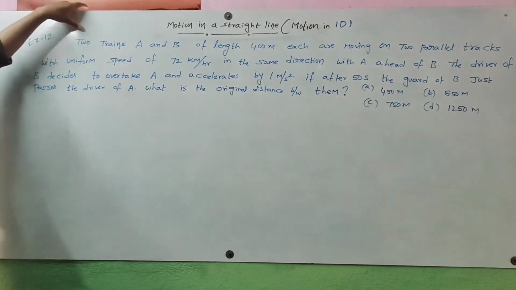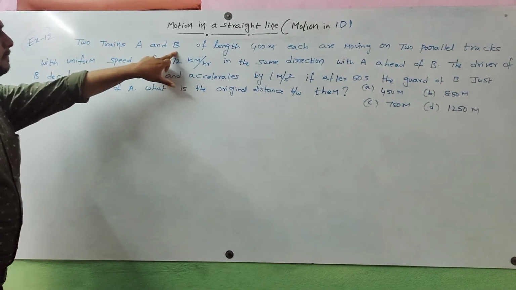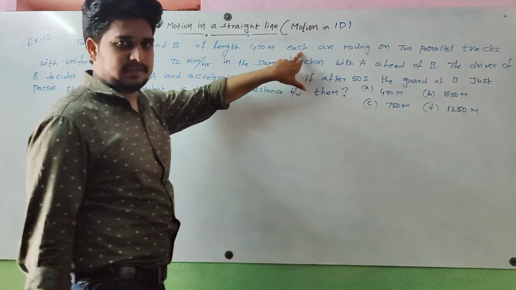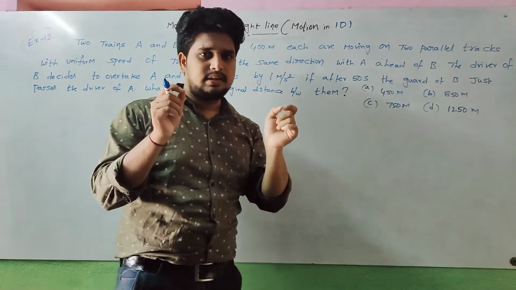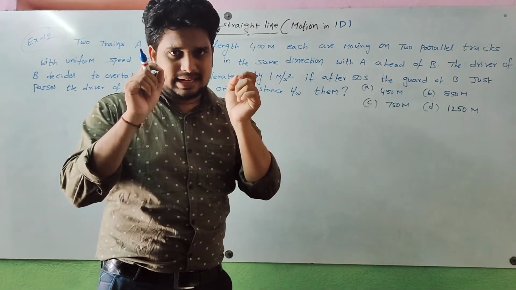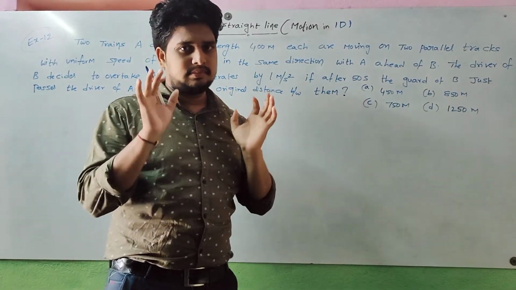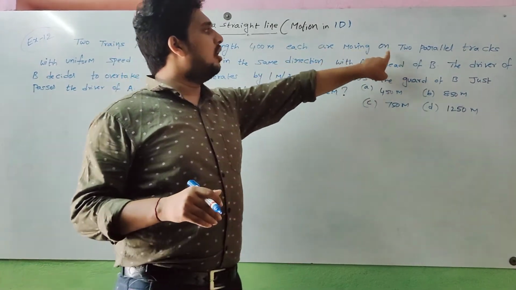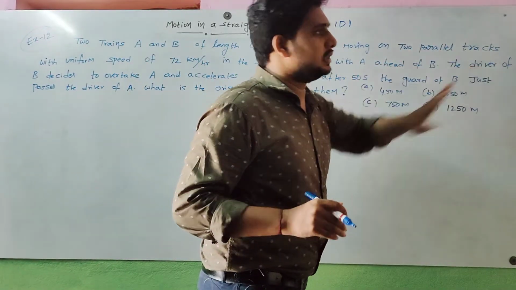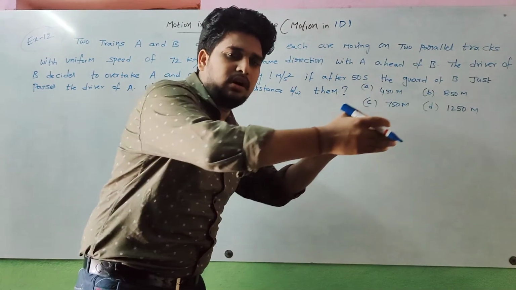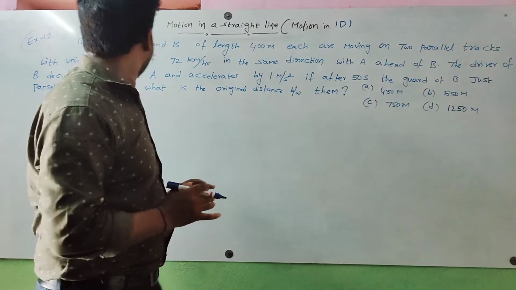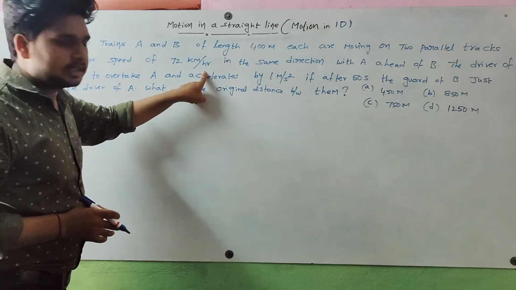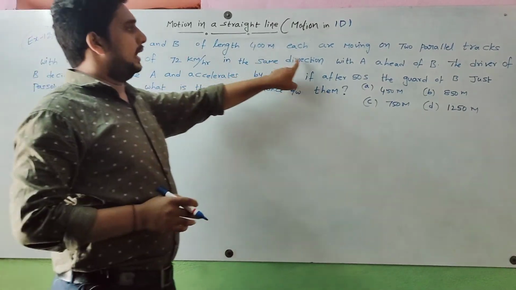Right? Two trains A and B of length 400 meters each. We have two trains. Each train has a length of 400 meters. That is the first point. Next, they are moving on two parallel tracks with a uniform speed of 72 kilometers per hour in the same direction.